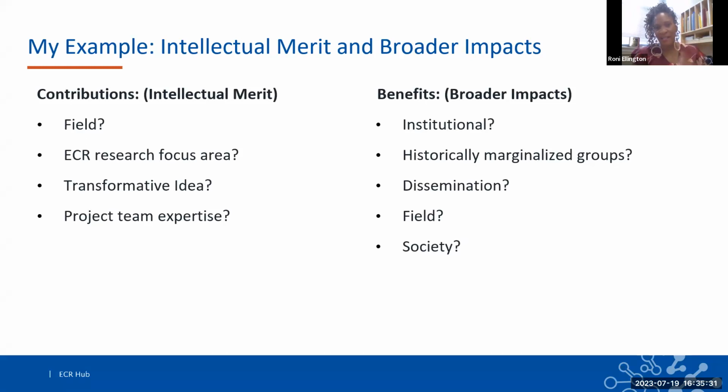I will create a dissemination plan that reaches the people it needs to reach: institutional people, individual folks, different scholarship communities, and so on, and the field and society. So I can literally make a case based on my idea about how I believe my work will have intellectual merit and broader impacts.